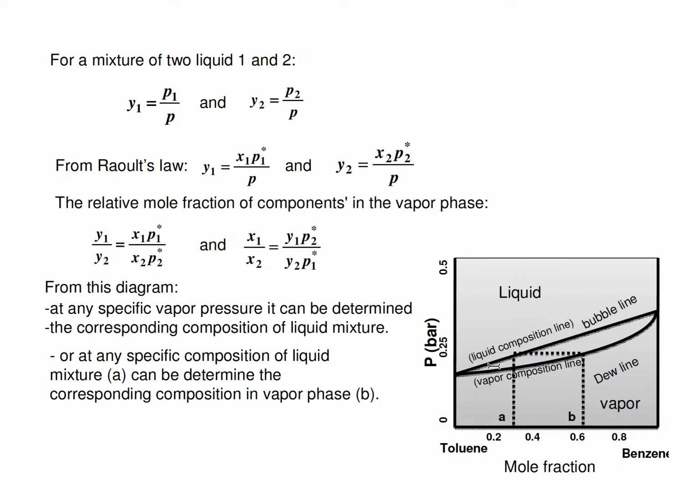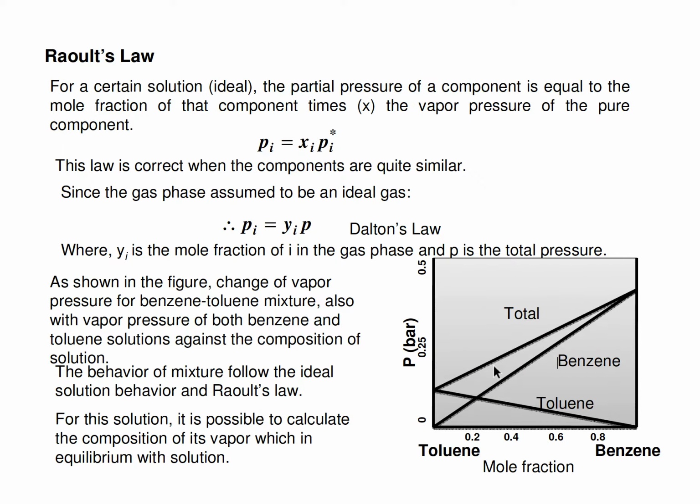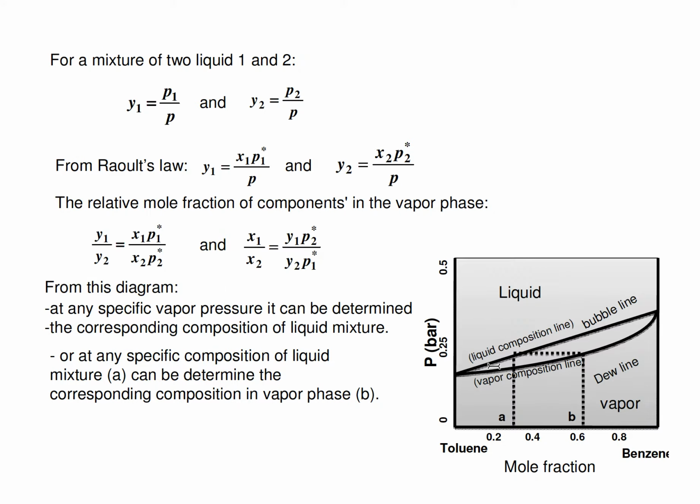Okay, for a mixture of two liquids, 1 and 2, we have Y1 equals to P1 per P and Y2 equals to P2 per P. From Raoult's law, we substitute it into X1 P1 per P equals to Y1, and Y2 equals to X2 P2 per P. For the relative mole fraction of components in the vapor phase, we have Y1 over Y2, so we have to rearrange everything.